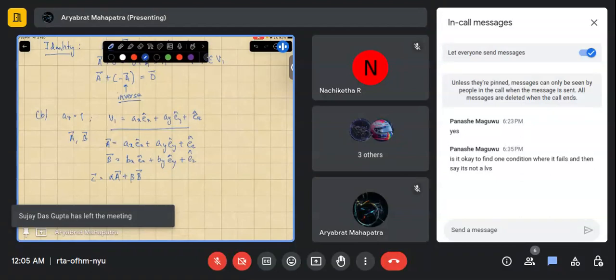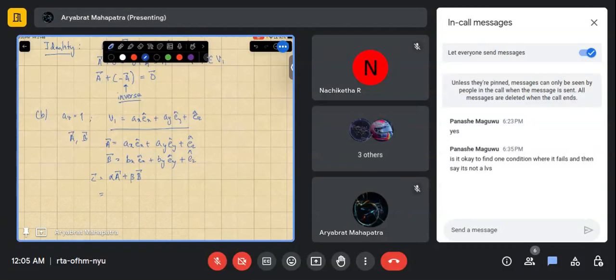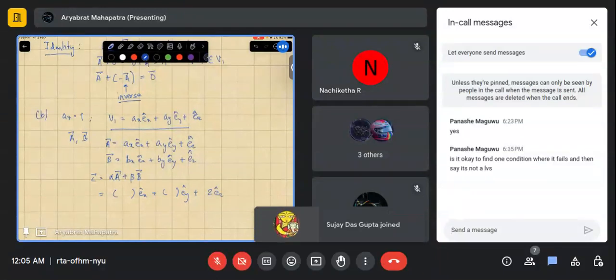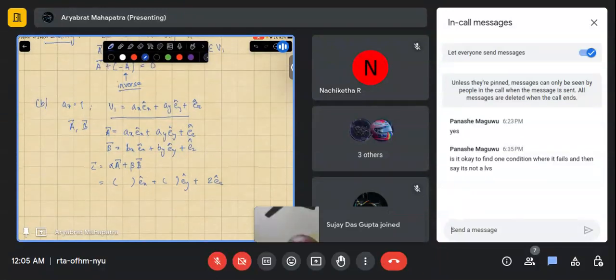So here you will see that you will get something, some ex, some ey, and then here you will find something like 2ez. Because from the structure of V1, you were supposed to get only the coefficient of the third component to be one.